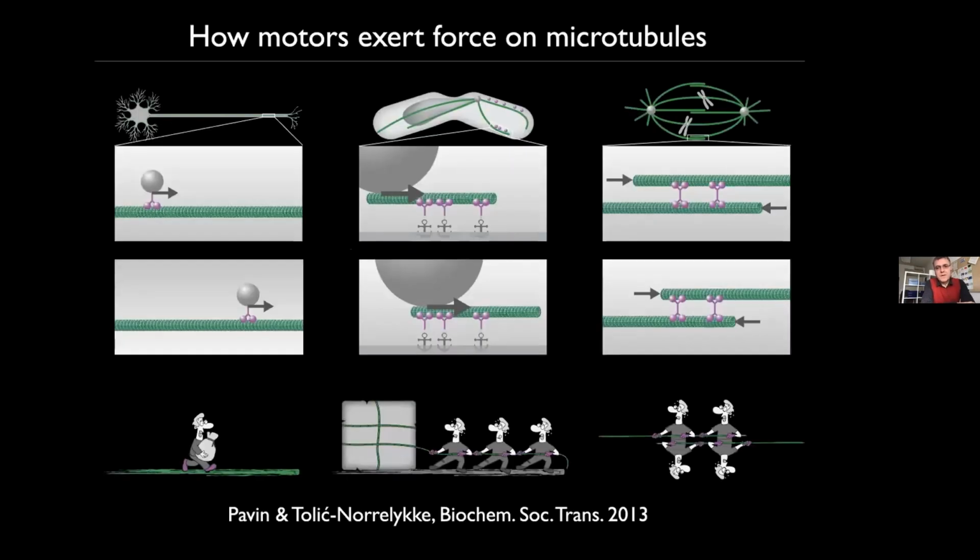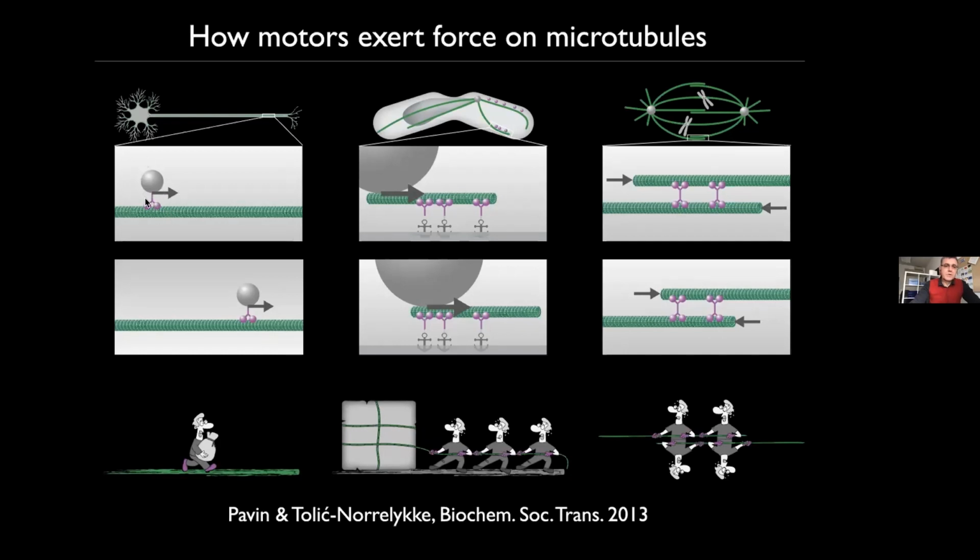So if cells have different tasks to perform, they use different strategies. First, if a cell transports small objects, it can transport them along the filament, like walking along the street.